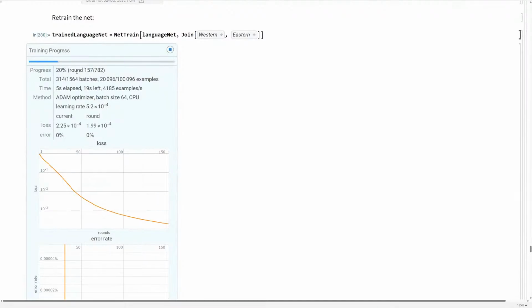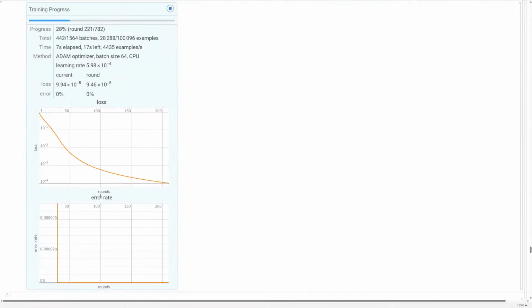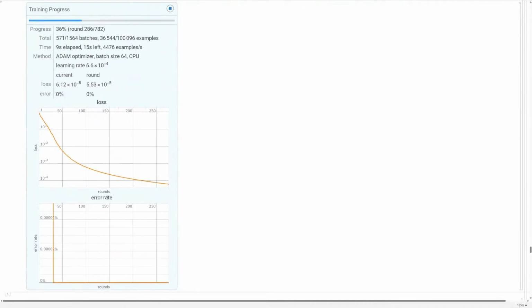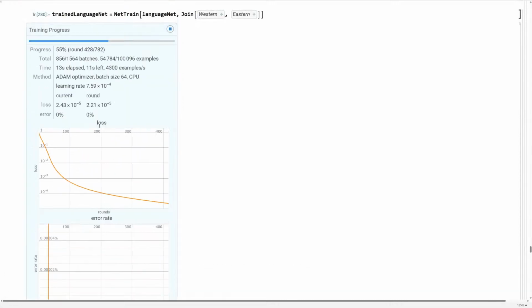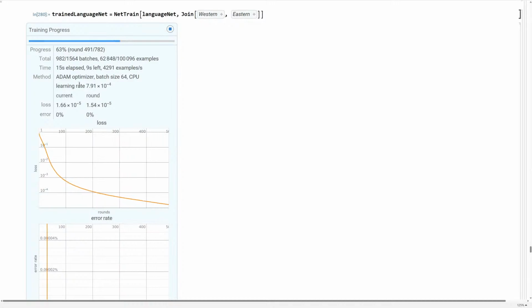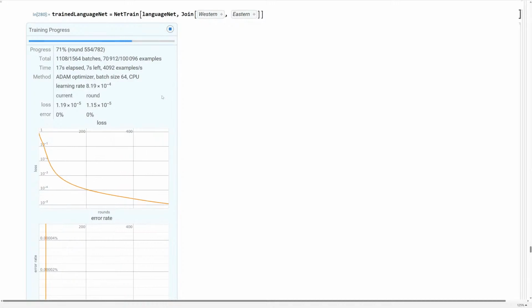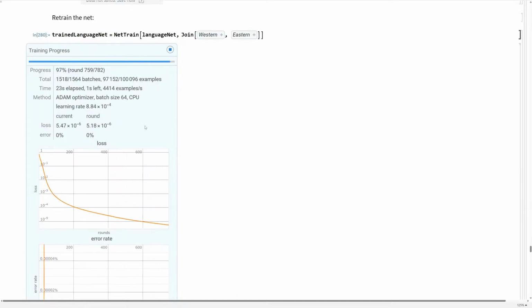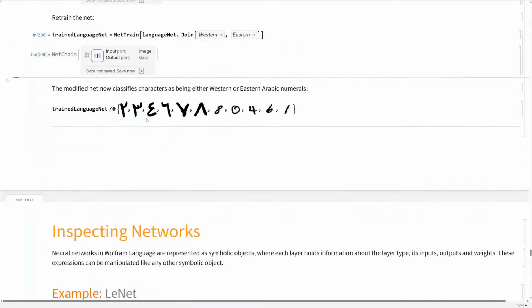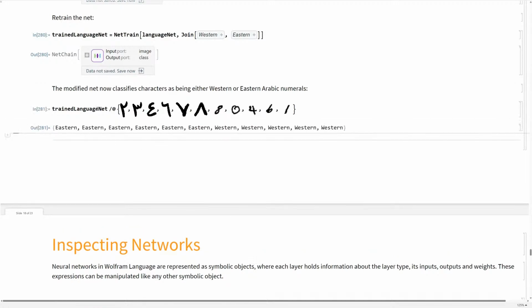Here we can see the training progress tracker, and these are the error rates, the loss of the function, and the progress. This one is reasonably fast, but there will be tasks that are reasonably slow, and there are some other fine-tuning options that you can use to restrict that.